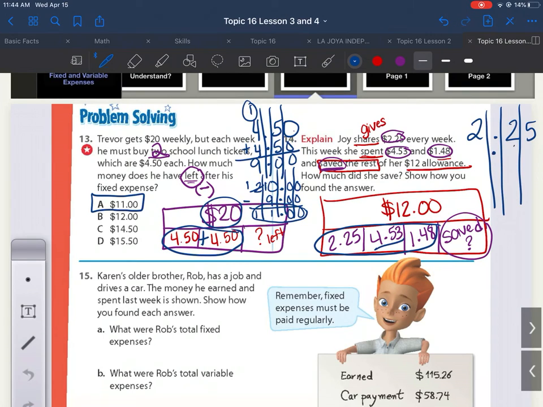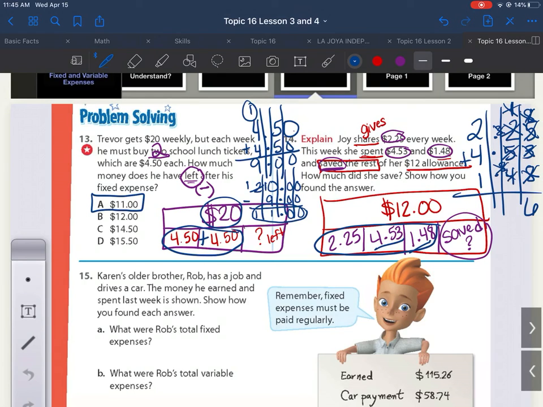$2.25, $4.53, $1.48. I'm going to add them all up. 5 plus 3 makes 8. 8 and 8 makes 16. So I regroup. 2 plus 1 makes a 3.